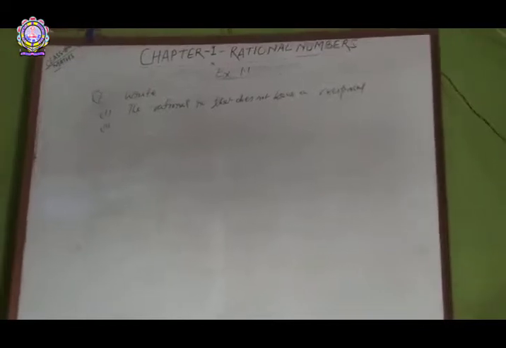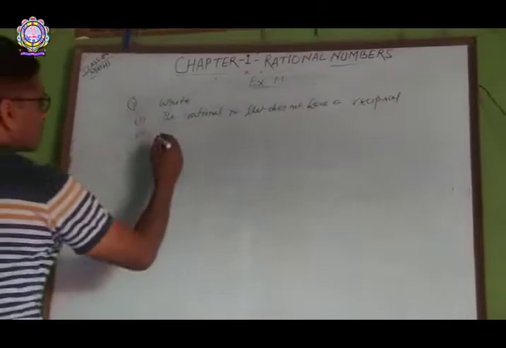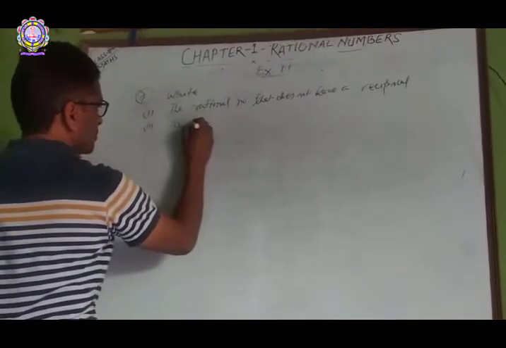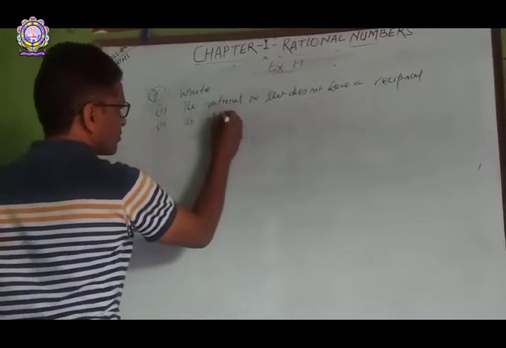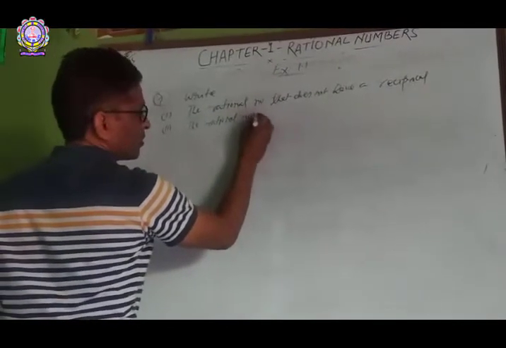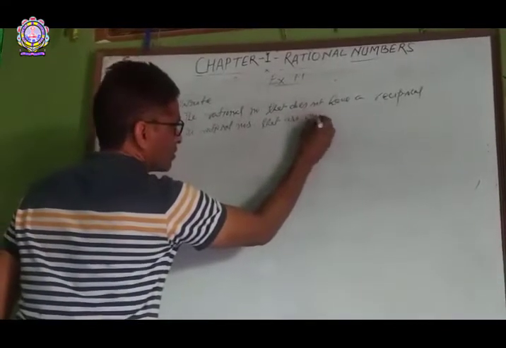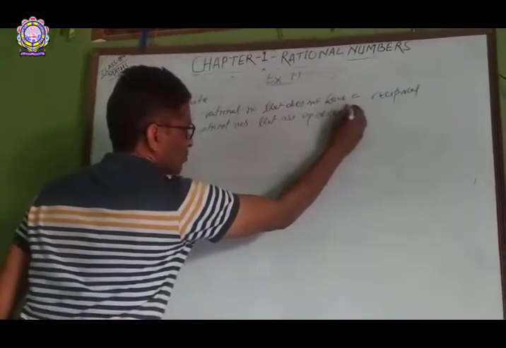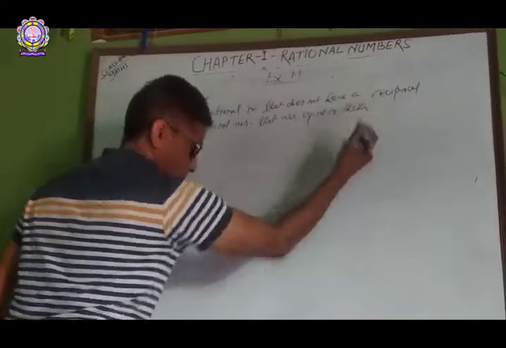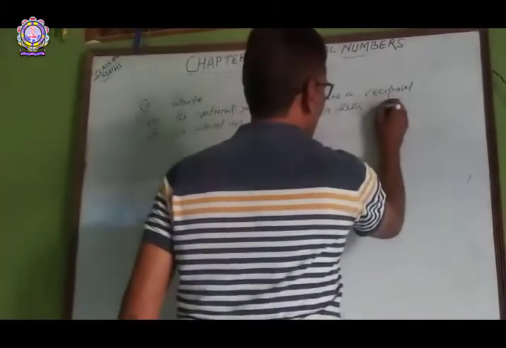Second one is the rational numbers that are equal to their reciprocals.